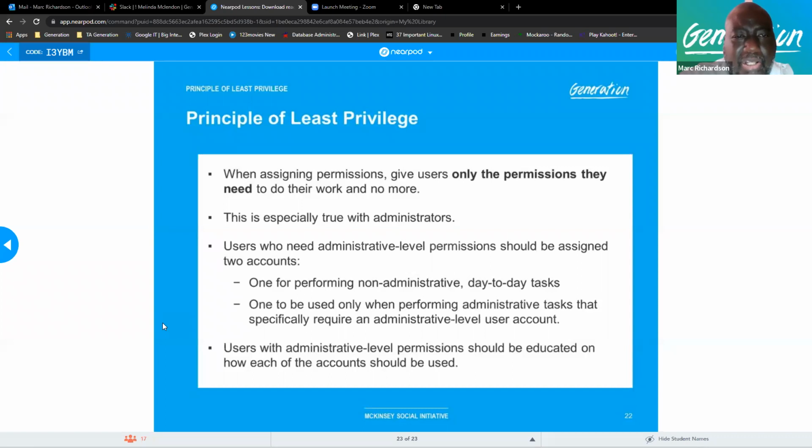If you're in your administration login and something happens, you download something or someone attacks your computer, if they crack your administrative login, they have administrative rights on your computer, so they can do a lot of damage. But if you're logged in on your less than admin account, they would not have the same access to resources on your computer as they would as the administrator.